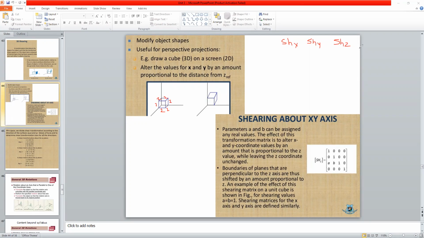So I will draw it here. So what are the coordinates of this? It is your origin, right? So origin is having coordinates 0, 0, 0. So it's x, y, z.